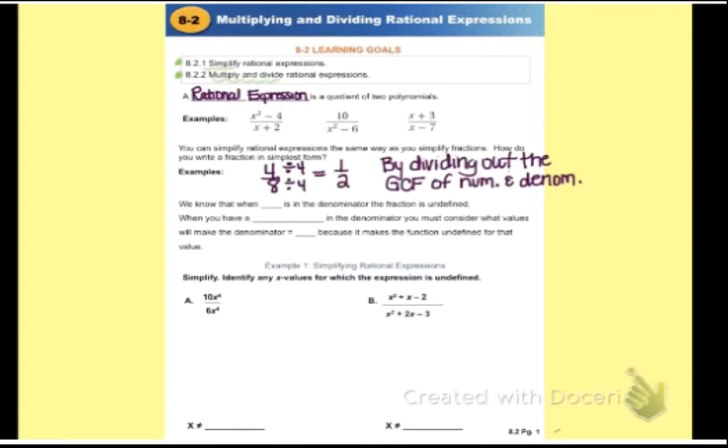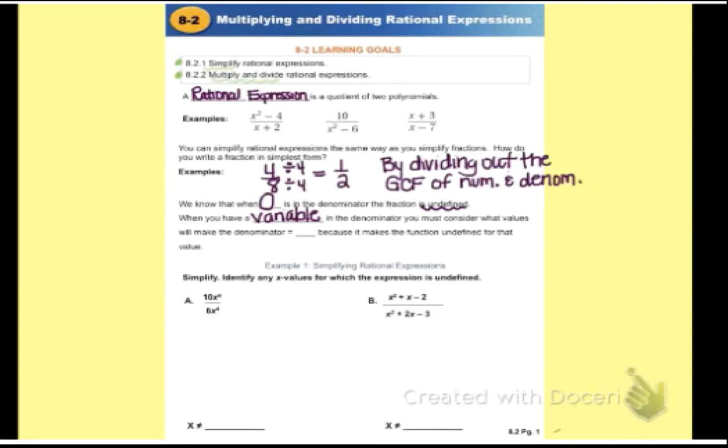Also, a quick note, it's really important to remember that when there's a 0 in the denominator, the fraction is undefined. So we always say that a fraction would be undefined when the denominator is 0 because we can't divide something up into 0 parts. So if you were to have a variable in the denominator, you must make sure that you consider any situation that might make that denominator 0.